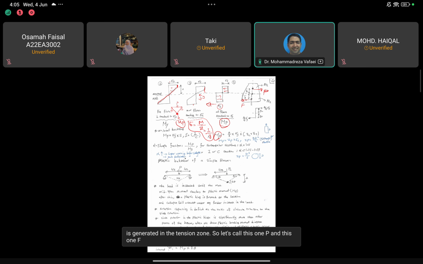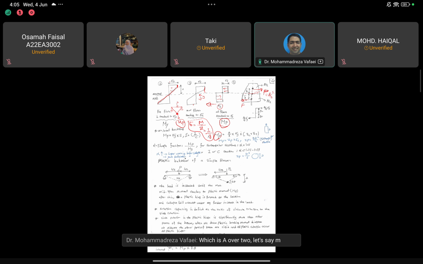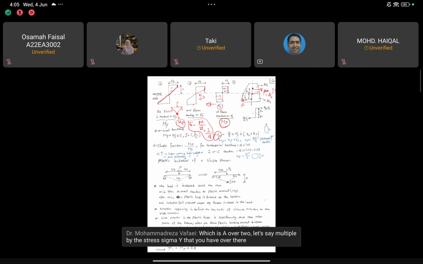So you know that this P is basically nothing but the area above the line, which is A over 2, let's say, multiplied by the stress sigma y that you have over there. And F also is the same, the area below the line, which is again A over 2, multiplied by sigma y.